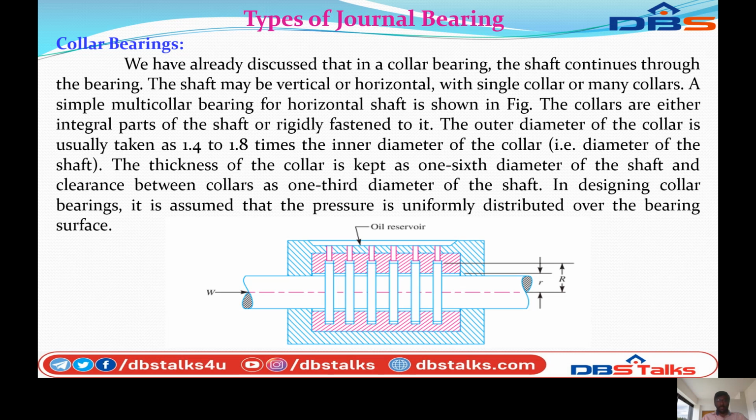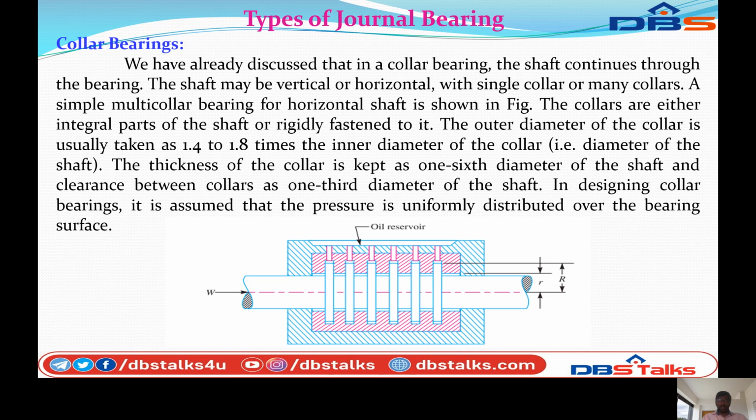We can see the diagram. The weight W will be applied to the horizontal wall. Small r is the distance between the center line and the collar, and capital R is the distance between the center line and the oil receiver. So the oil will be arranged in the parallel surfaces in a series arrangement, as you can see in the diagram.